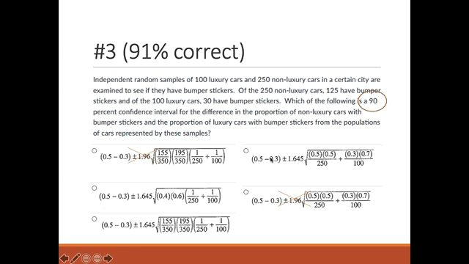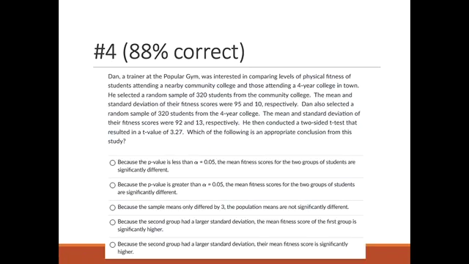So the bottom line, if you use your formula sheet, you can determine which of the formulas for the standard errors is the correct formula, and it's actually this one right here. So for the standard error, this is for the non-luxury cars. We have observed in the sample data 50% do and don't have bumper stickers out of that sample size of 250. For the luxury cars, it's 30% do and 70% don't have bumper stickers out of 100. This is the correct formula because we're using the correct formula for the standard error. It comes straight from the AP formula sheet.